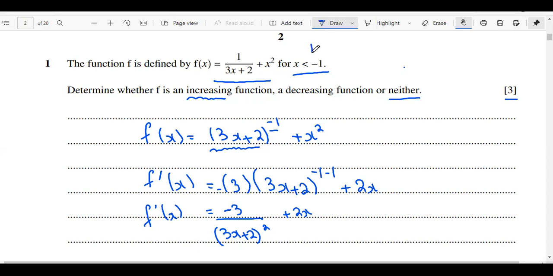Yes, this is the range. X is less than minus 1. So just pick up a random number. You can just pick up x equals minus 2 and just plug in minus 2 in this function and see if you're getting positive, negative, or 0. Please check that quickly.